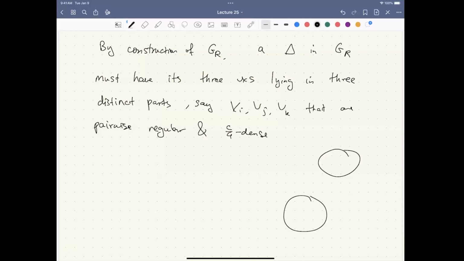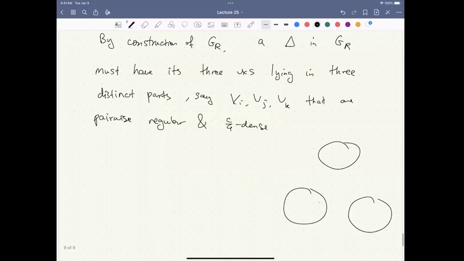Okay, so every triangle in R must lie in some triple that is pairwise regular and dense. Good.